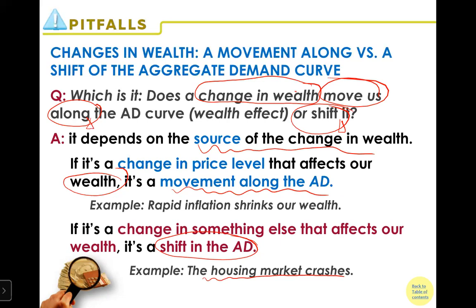On the other hand, if the wealth change comes from something other than the price level, say, housing value gains or losses in the housing market, then in that case we are going to see the aggregate demand curve shift.